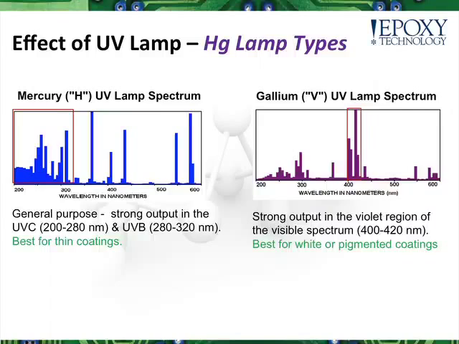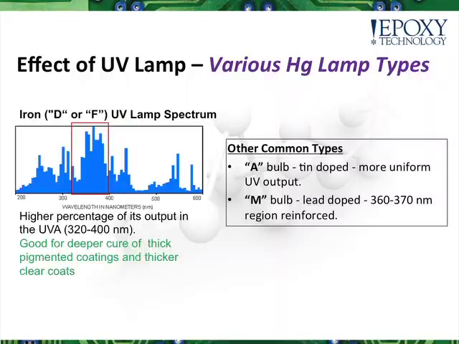The next on the right side, you see the gallium, the V-type lamps. These have the strongest output in the 400 to 420 range and are not optimal for UV cures because they don't have those strong UV wavelength outputs. The 400 to 420 nanometer wavelengths actually don't really affect our typical photoinitiators. The other main type of mercury lamp is the iron-doped mercury, also known as the D or F type UV lamp.